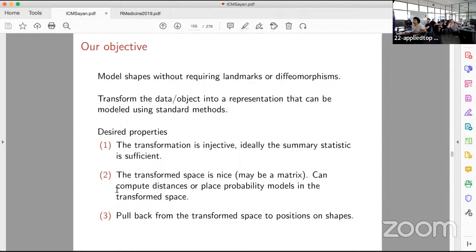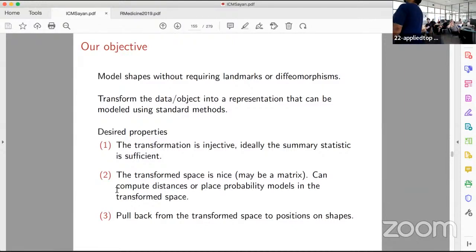And this is a theme that comes back to the noisy counter, which is, I may not have diffeomorphisms, but I want to compare them. You might want to do things like, based on the shape of a tumor, can I predict clinical outcomes, right? So I need some representation of the shape to be able to do this.